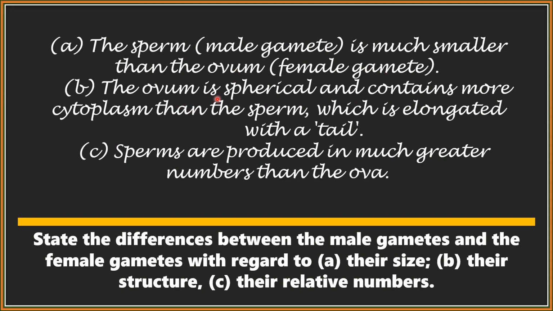The ovum is spherical and contains more cytoplasm than the sperm, which is elongated with a tail. Sperms are produced in much greater numbers than the ova.